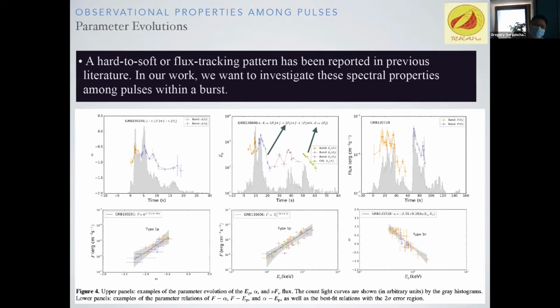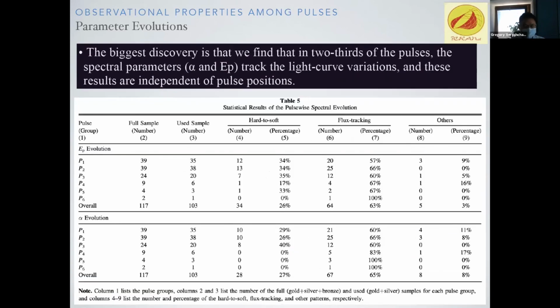Then we investigate the parameter evolutions. Several previous works show that hard-to-soft and fluctuating patterns are the two dominant patterns in GRB spectral evolution. In our work, we investigate these spectral properties among the pulses within a burst. We summarize our result in Table 5.